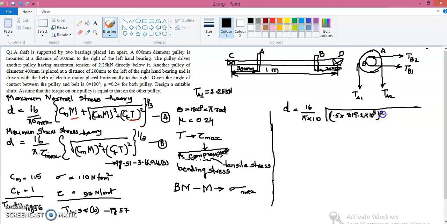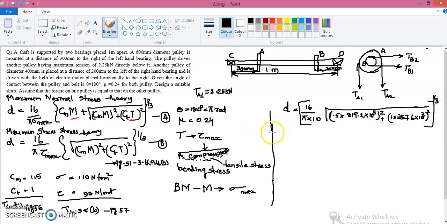The whole thing raised to 2 plus 1 into 357.6 into 10 raised to 3, the whole thing squared, and the whole thing raised to 1 by 3.